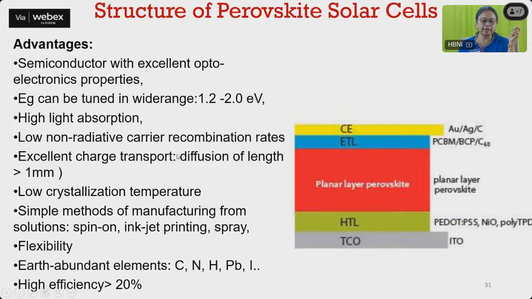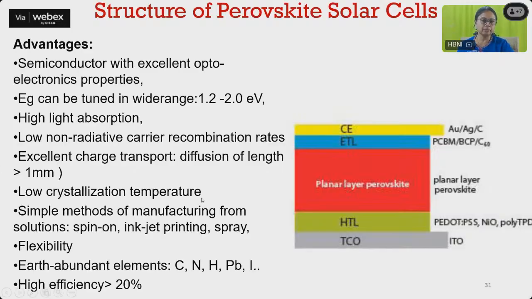Low non-radiative carrier recombination rate means whatever electron holes are produced, they don't recombine within the structure, so that there is no loss of electron hole pair. And excellent charge transport. So diffusion length is very large. If any electron hole pair is formed in this part, they travel a long distance before getting recombined. So the efficiency of your solar cell will increase.